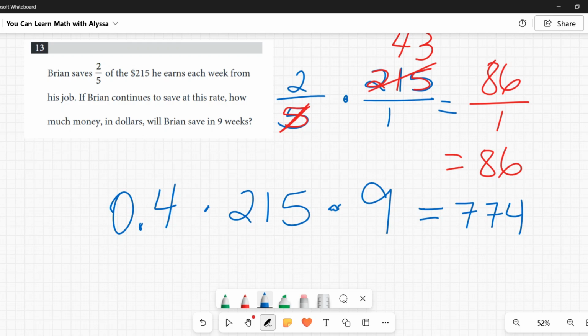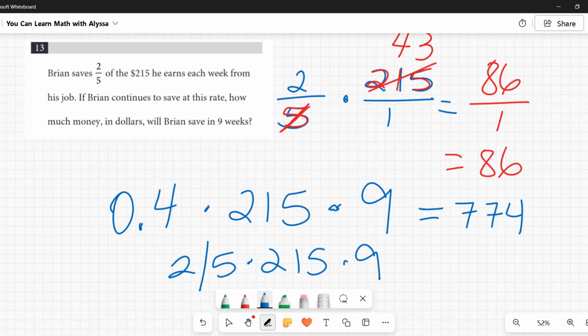One thing to be mindful of if you're putting it in your calculator and you put 2/5 in, like if you put 2 divided by 5 times 215 times 9, make sure your calculator is recognizing this in the right way.